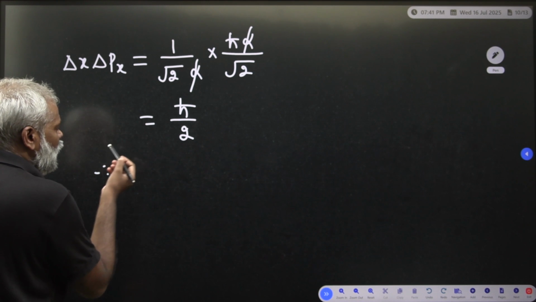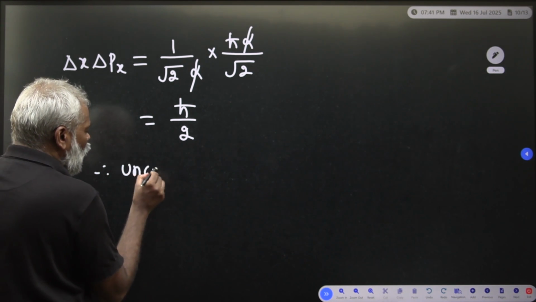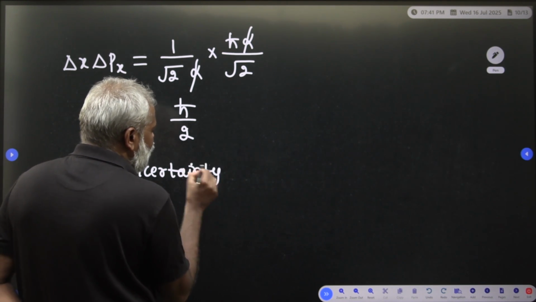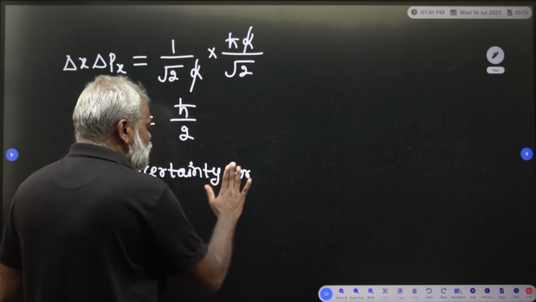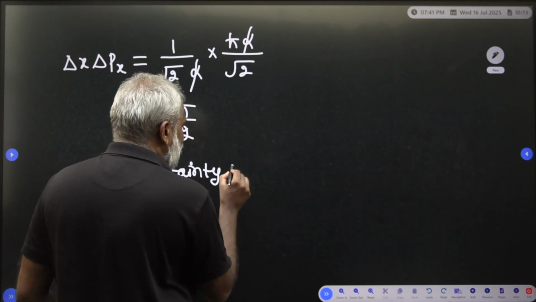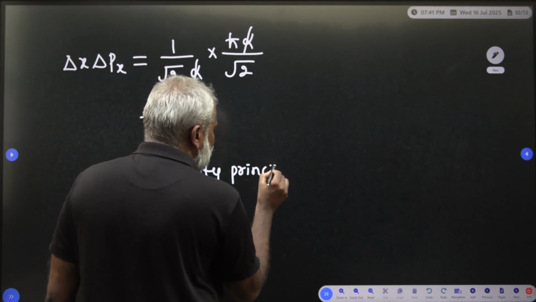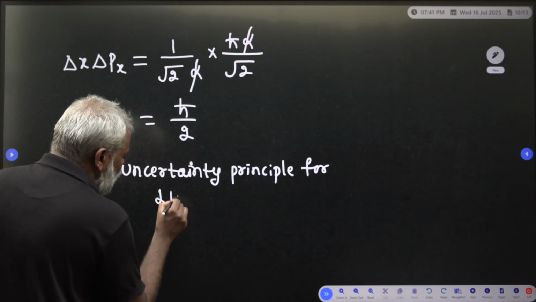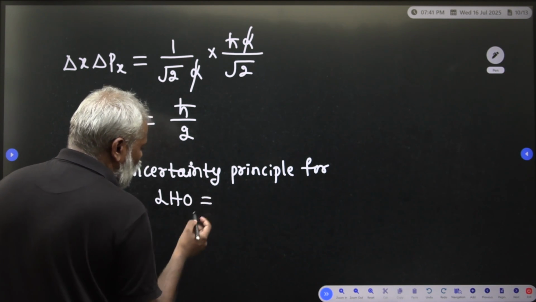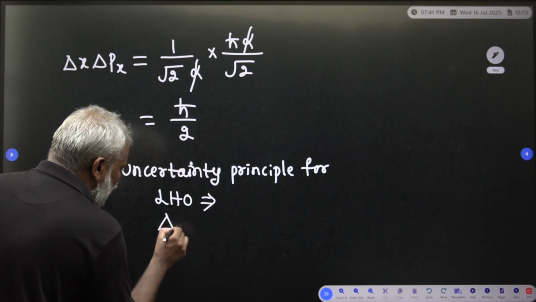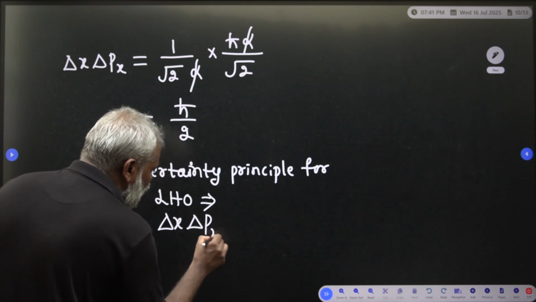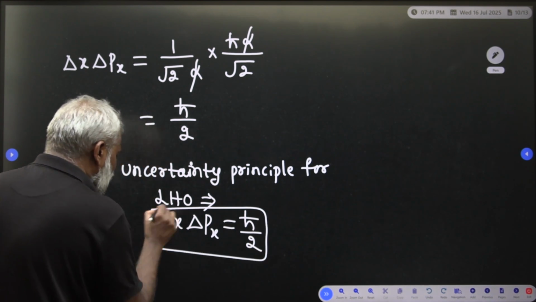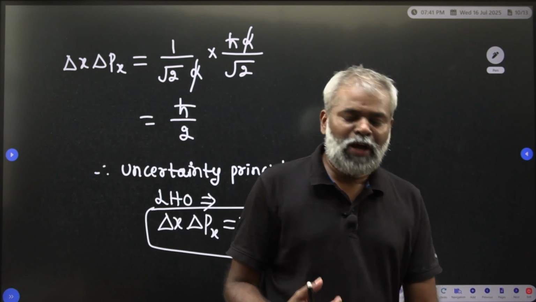So, the uncertainty principle for the linear harmonic oscillator is delta x into delta px, which is equal to h cut by 2. This is a very important expression, we are going to write it.